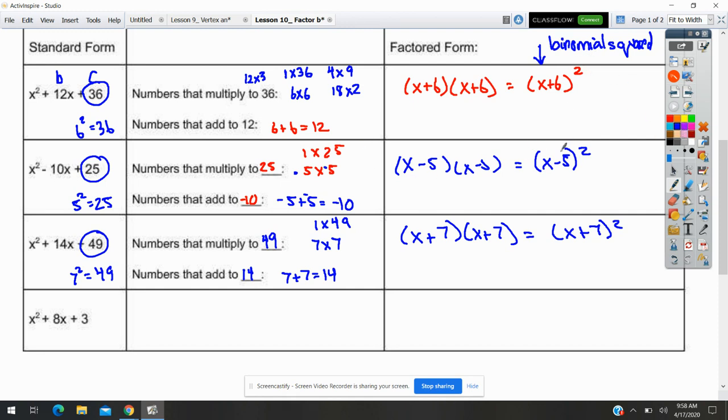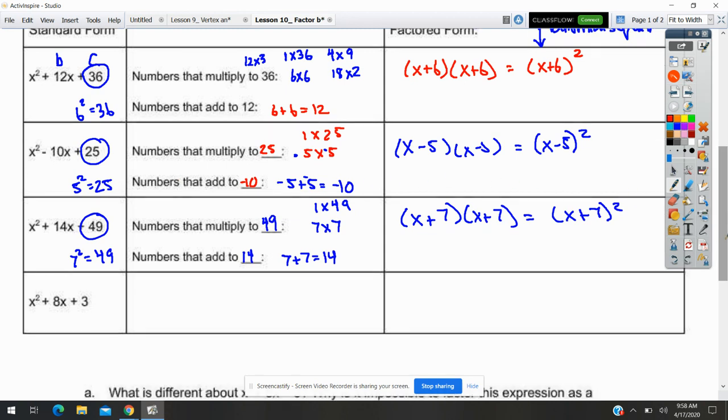So the only thing that affects this binomial squared is the square root of your C value, which would be the second term in the parentheses, and the sign here. So both are positive, so this would be a positive 6. And since this middle term's negative, it would be a negative 5 in between, because negative 5 times negative 5 gives you 25, and when you add them together, it gives you negative 10. So those are the patterns you could be seeing here.